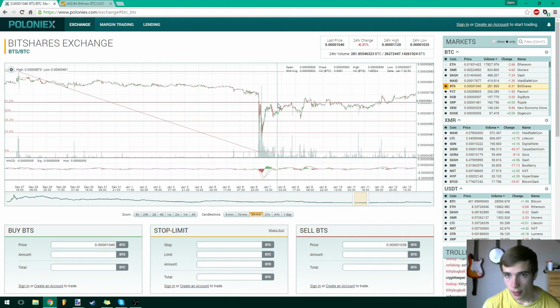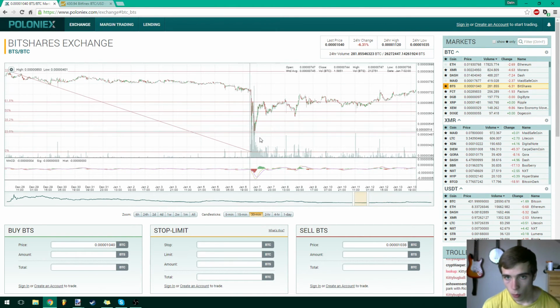The 2 point is where it hit this high at 690 Satoshi a share. And then it broke down, and this is the 3 point at 598 Satoshi a share, where it failed to break below the 1 point level. So this is a successful 1, 2, 3 bottom formation in BitShares.